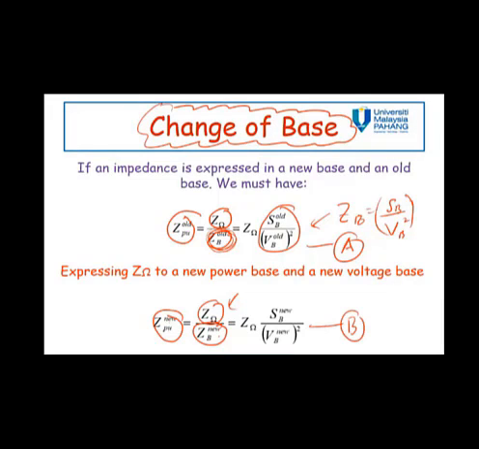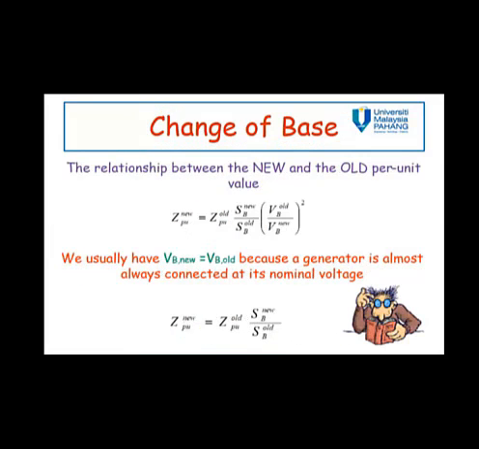By comparing both equations A and B, we can get this relation. Z per unit new is given by Z per unit old times S base new over S base old times V base old over V base new squared.